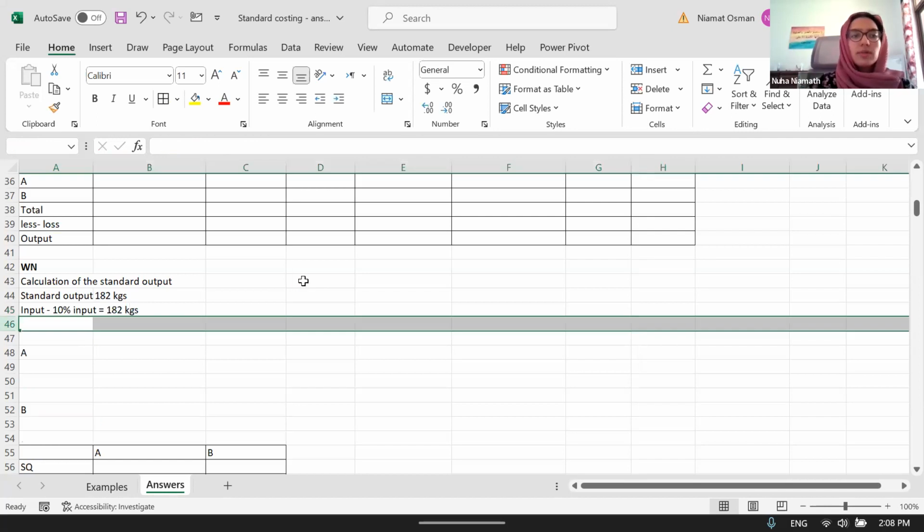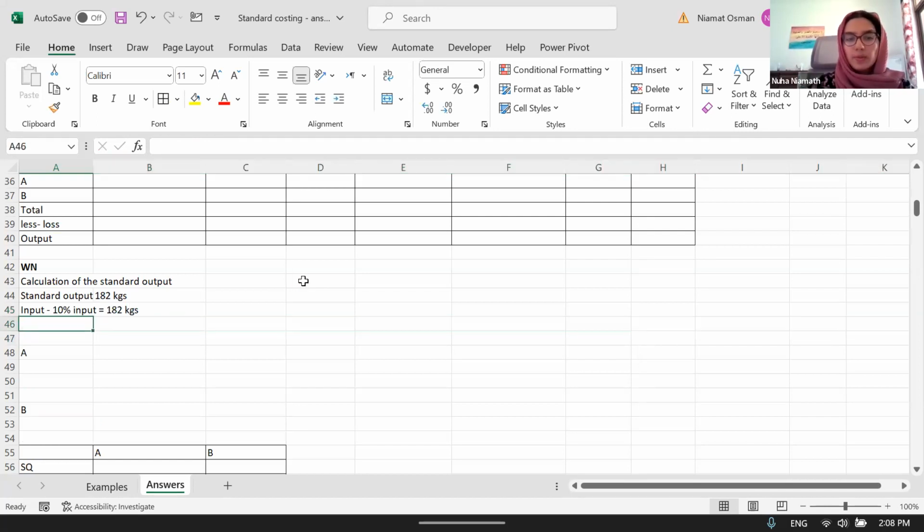So what is our input now? So we can say let input be x, for example, to make it easy. x minus 0.1x is equal to 182, correct? So x is equal to 182 divided by 0.9.